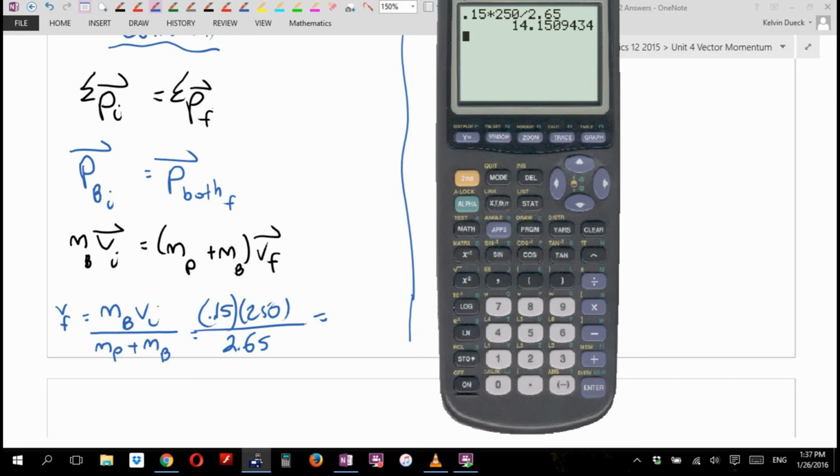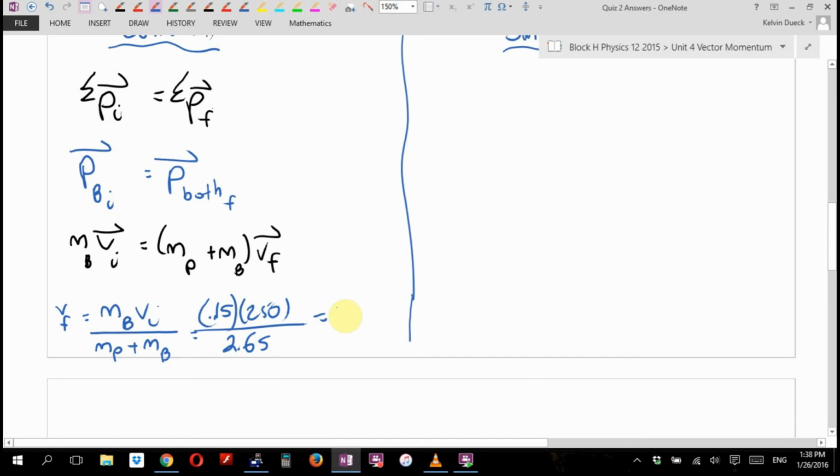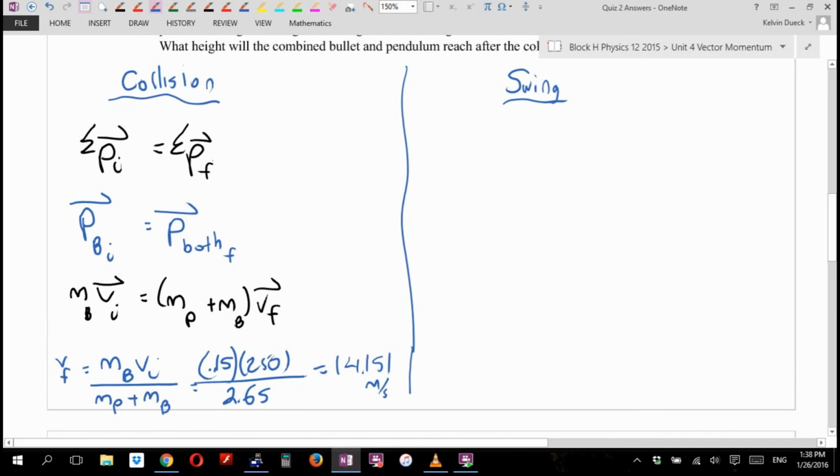Oh, I thought I heard 13. I'm going to go 14.151 since this is not my final answer. And that 9 makes that the 1. That's a nice place to round off to. So I'm going to go 14.151 meters per second. Now we swing. Well, that sounds like a change in height, change in speed, yucky, curvy path. Not the sum, Mr. Dewick.